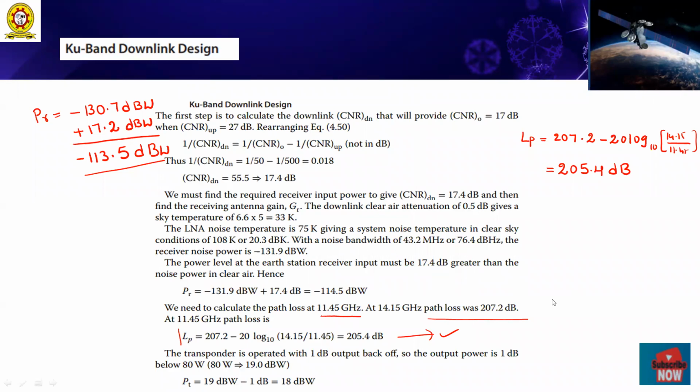So the path loss here is 205.4 dB. Now the next step: if the transponder is operated with 1 dB output back-off, how do we calculate the output power?